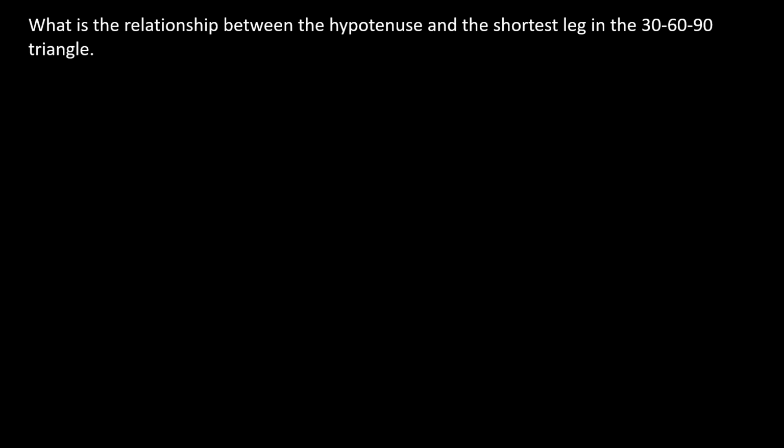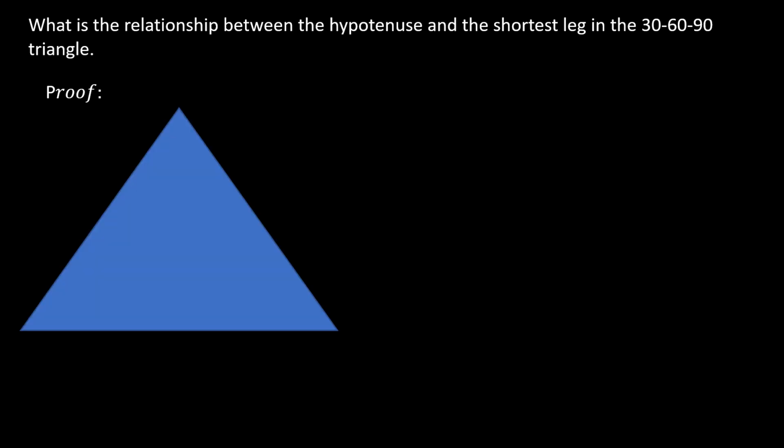What is the relationship between the hypotenuse and the shortest leg in the 30-60-90 triangle? Before we identify the relationship between the hypotenuse and the shortest leg, let us first deduce the relationship of the sides of the 30-60-90 triangle. First, let us draw an equiangular triangle.